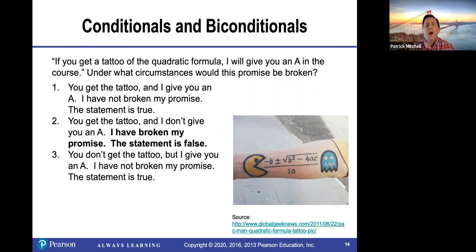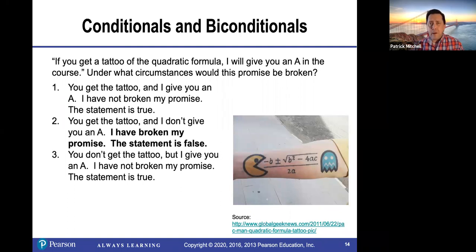Well, in that case, I have not broken my promise because there's no promise to break. My promise was dependent on you getting the tattoo. So if you don't get the tattoo, all bets are off. And in that case, I have not broken my promise. And that would have to be considered a true statement, the if-then statement.